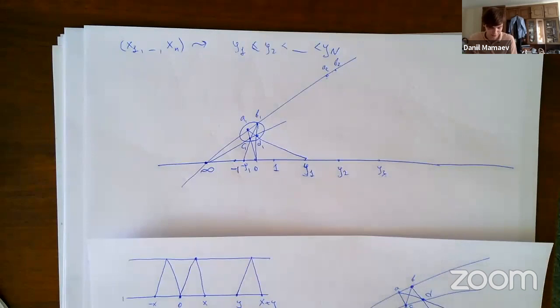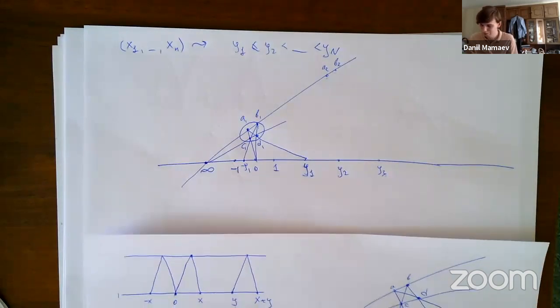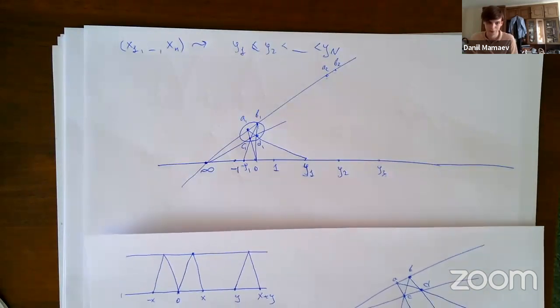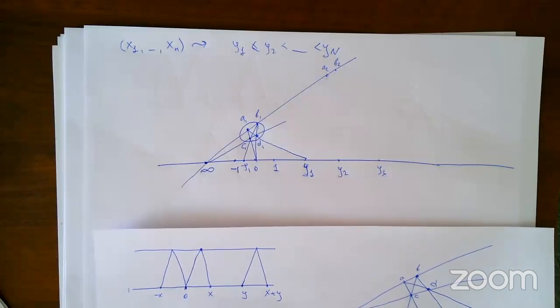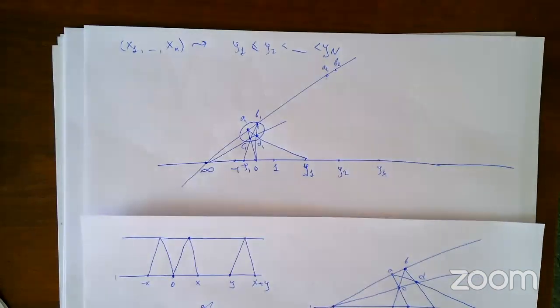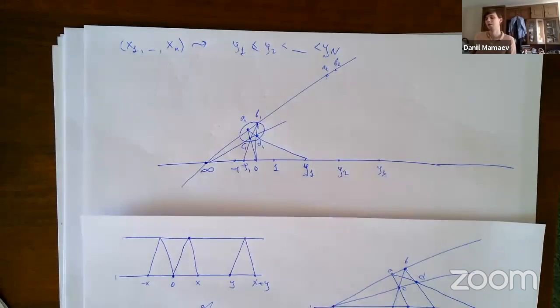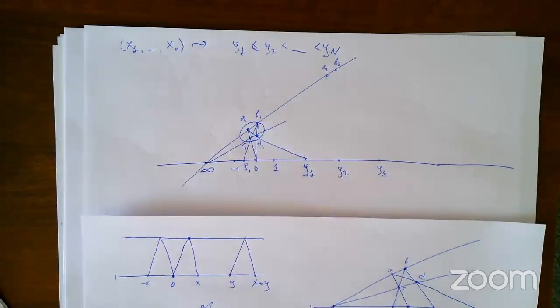Please ask a question. So your point configuration in this example, as I understand it, is A1, B1, C1, D1, A2, B2, and so on, right? Yes. So it certainly encodes the information about the polynomials that you originally had.